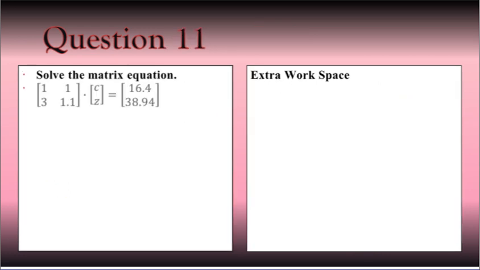And our final question, solve the matrix equation. So here we're going to use the inverse to solve as well. But first I need to find the determinant of this top part, or this first part. So 1 times 1.1 is 1.1, minus 3 times 1, which is 3.